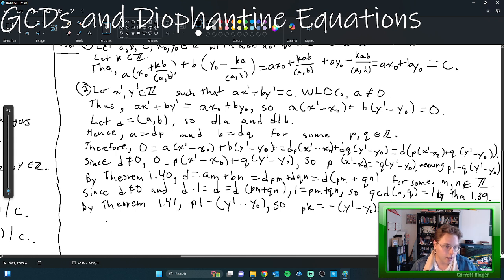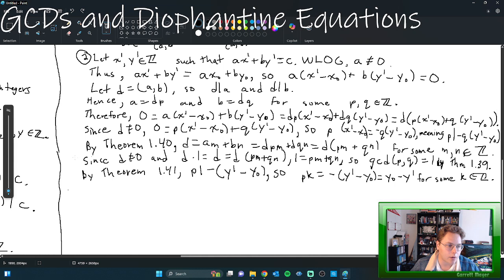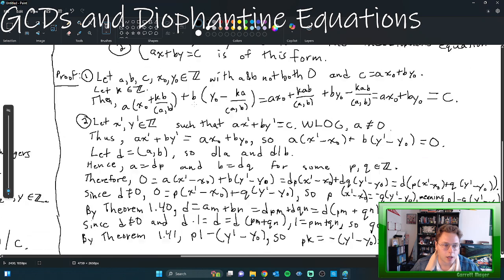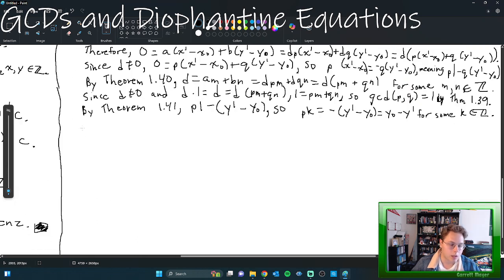And now here we want to remember what p actually represents. When we defined it earlier, p is just a divided by the GCD of a and b. So we're going to use that formula more specifically, and see what we can pull out of this relationship.